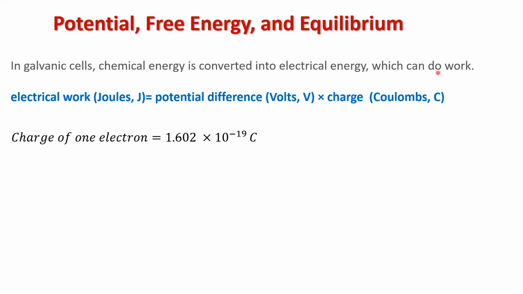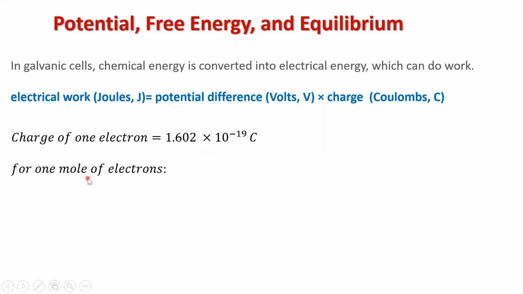So that gives us an equation. The electrical work that can be done by a galvanic cell equals the potential difference between the reduction and the oxidation times the charge, and the charge is in terms of coulombs. Now, the charge of 1 electron equals 1.602 times 10 to the minus 19 coulombs. This is a constant.